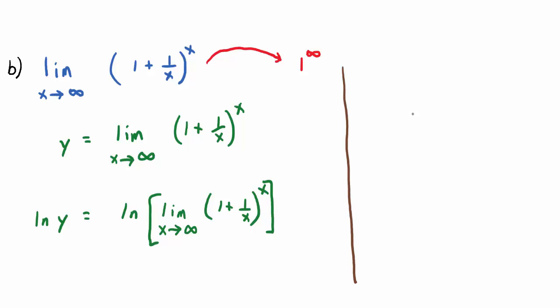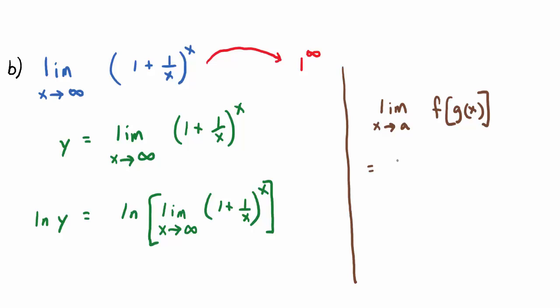Let's put it this way. Let's suppose you have a function f of g of x. It's a composite function, right? And you're taking the limit as x approaches a of f of g of x. Then the question becomes, when can we bring the limit inside?